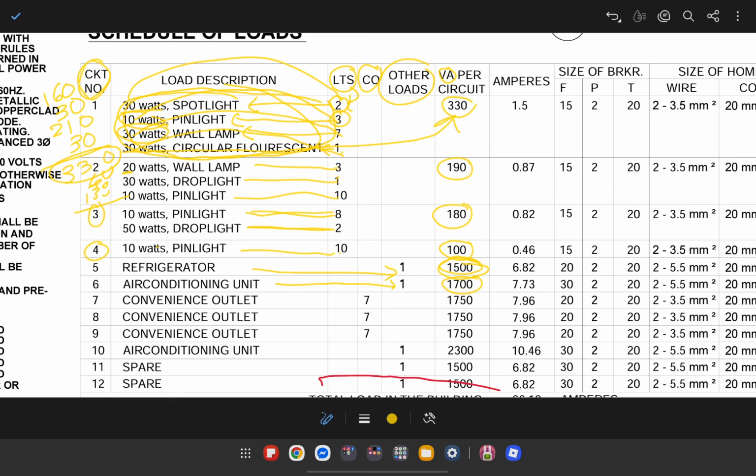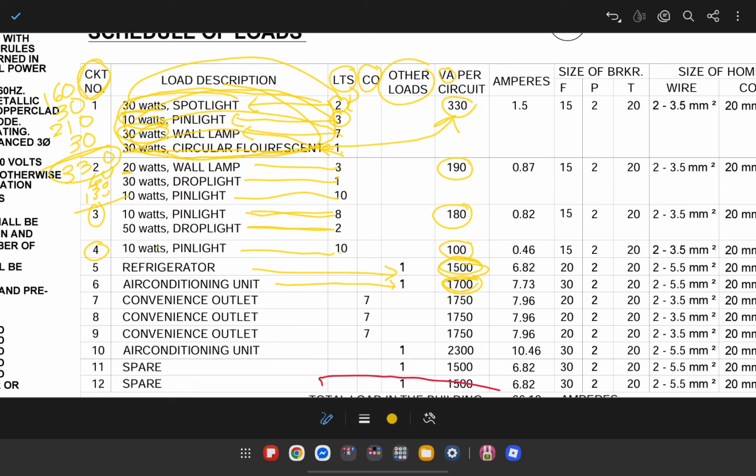Now, 1 horsepower, if you convert it to watts, would be 746 watts. In here, the watts provided is 1700. So it only means that there's more than 2 horsepowers allotted for that specific circuit.